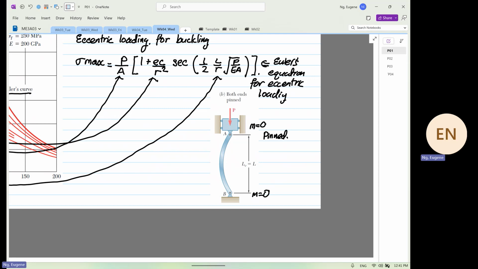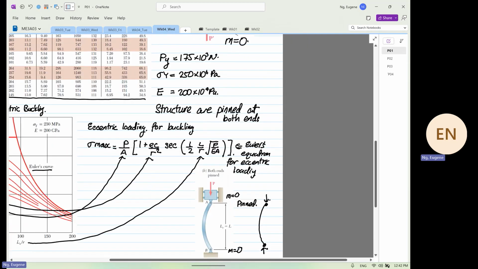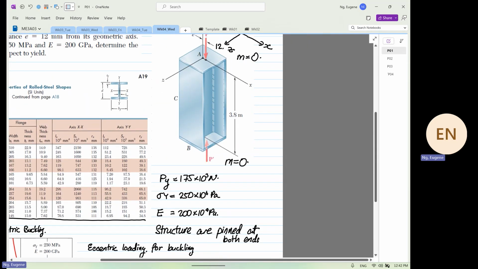And if we were to draw the free body diagram, we will have a reaction force at the bottom, and we also have one at the top in a linear direction. When that's the case, it's very similar to this, except we have an extra moment due to the eccentric loading.